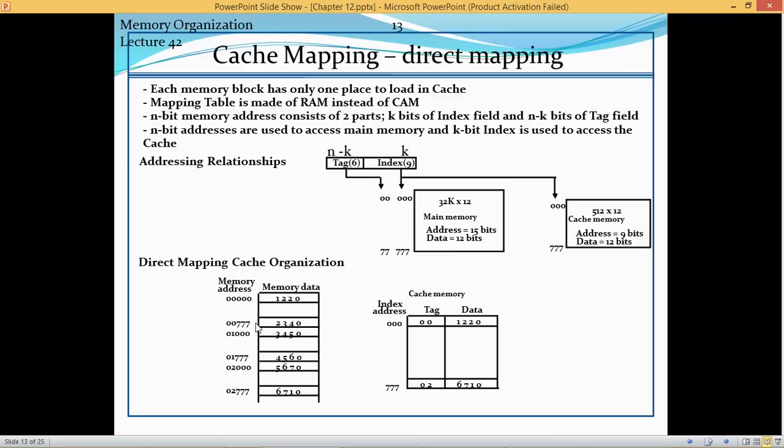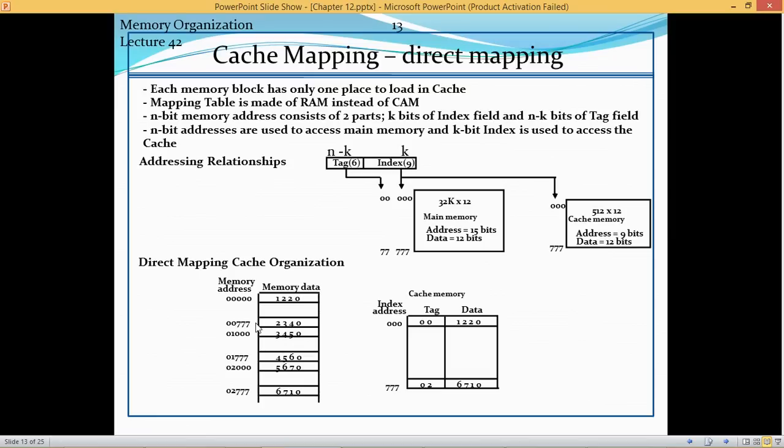Let us just take the same example once again. This was the example which I did. Let us take the same example here. 00, 1220, and the last one is 777.